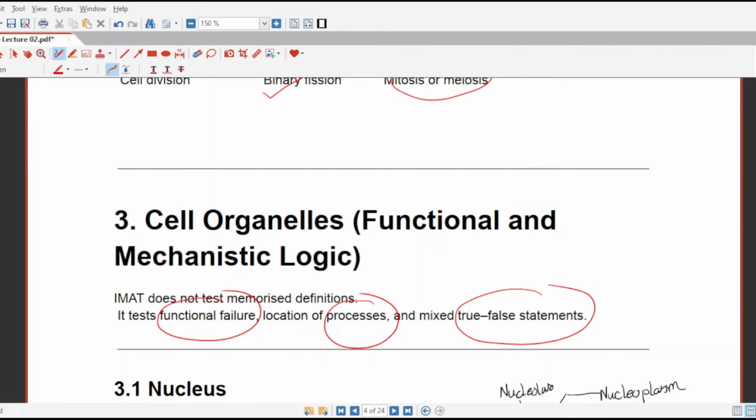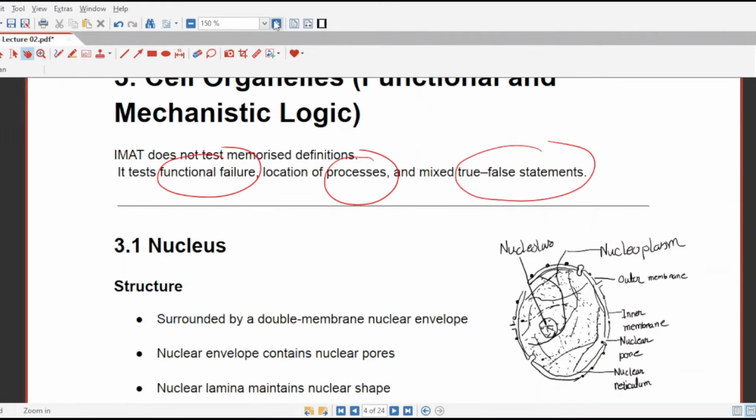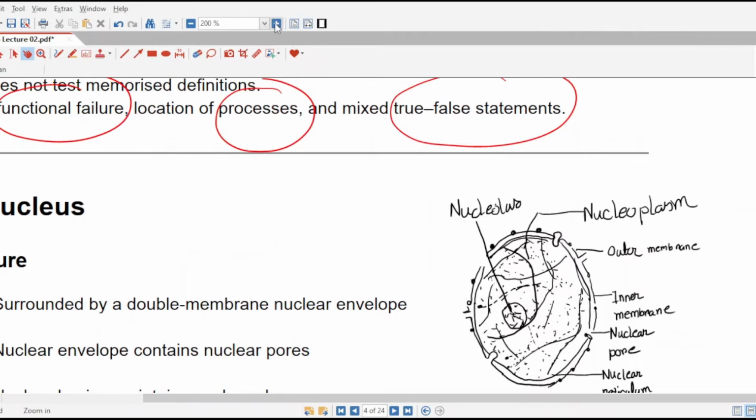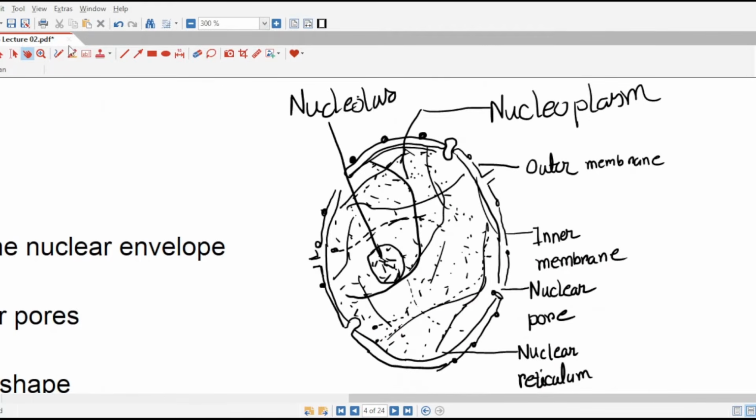First of all, let's study the nucleus. Before studying, let's look at the structure of a nucleus. You see that the nucleus is somewhat circular, and the nucleus has a nuclear envelope surrounding the other structures, and inside the nucleus you will see that it has nucleoplasm or jelly-like substance which acts as a matrix.